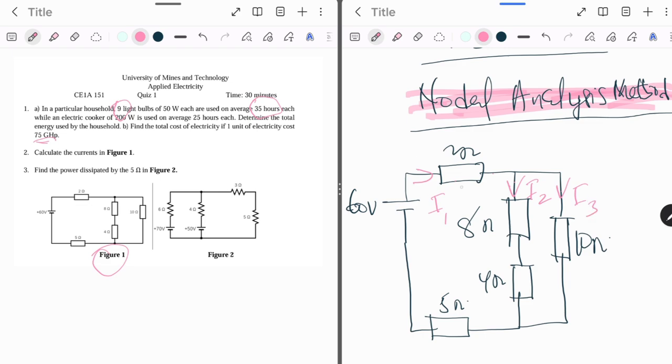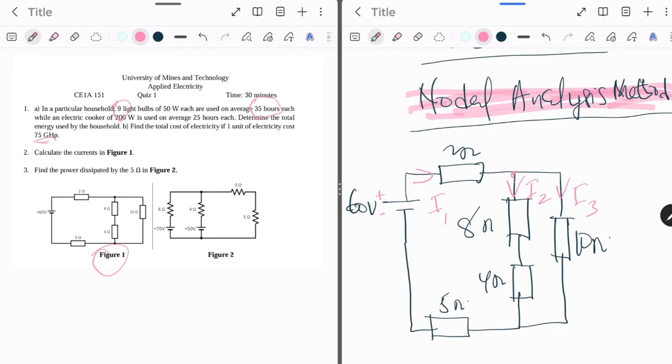So you can see that I've indicated also the direction of the current, because I have the voltage source here, which has negative and positive terminals. The shorter terminal is the negative and the longer one is the positive. So I'm taking the current to be flowing from the negative terminal to the positive. So we have this direction, and then when it comes here, we have a node, right?